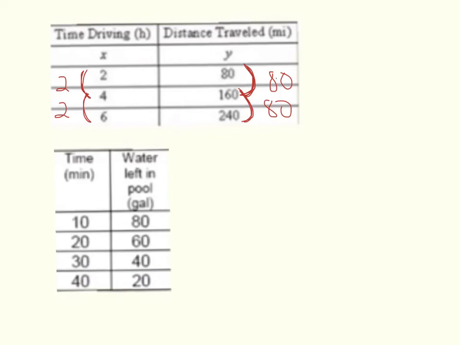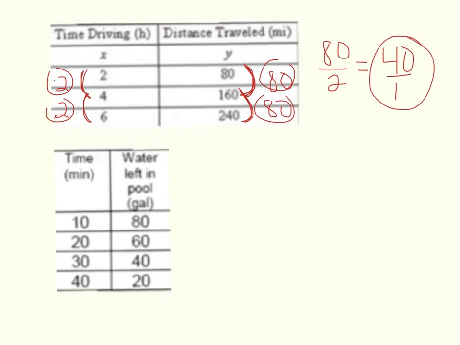Your rate of change would just be 80 over 2, which is just 40 over 1. Which means in this case you're traveling 40 miles in 1 hour, because your y values are miles, your x values are hours. Remember, your x values are on the bottom, your y values are on the top. So 40 miles in 1 hour.